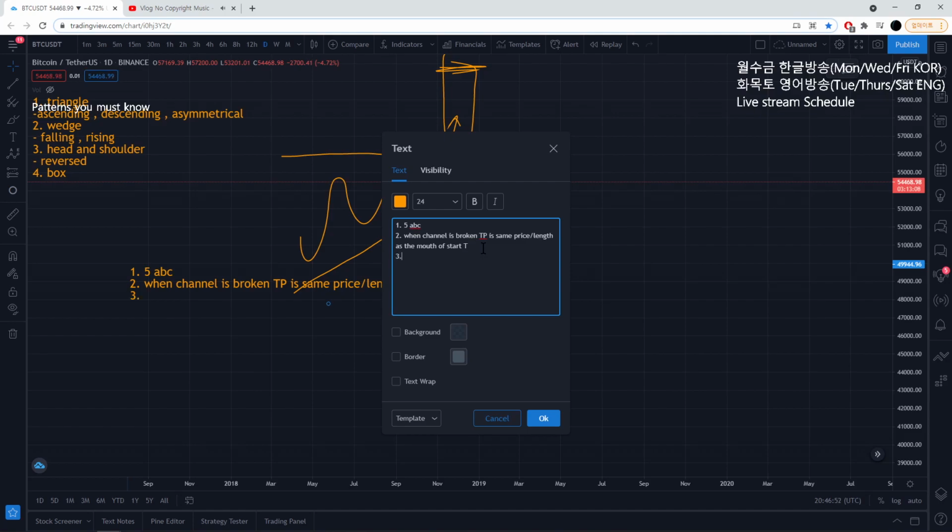And number 3, when the channel is broken, the TP highest length is that it could extend. So you have to make sure that you count well, so you have to know your Elliott wave theory.